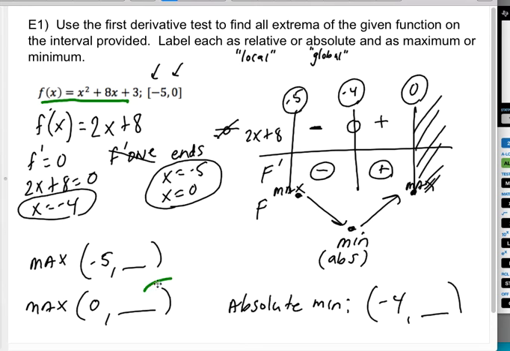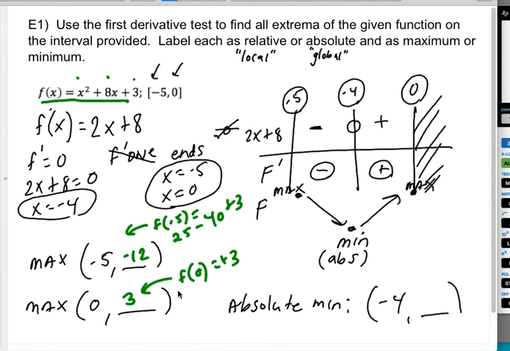So I'm going to go ahead and start with f of 0 because it is by far the easiest. F of 0 is just a positive 3, because everything cancels out. F of negative 5 is going to be 25 minus 40 plus 3, which is negative 15 plus 3, so that's negative 12.